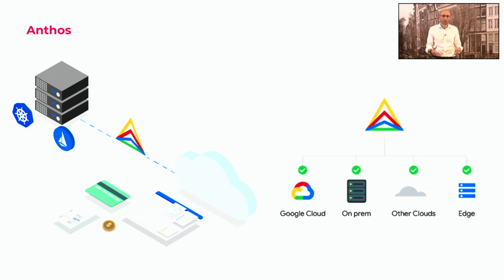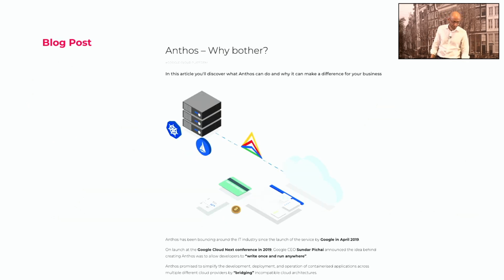It's not the focus of this talk, but I can refer many good reading materials about it. We have a blog post about it. If you just look for that topic, Anthos, why bother? You can find a lot of reading materials about it, and Google has fantastic documentation online. Basically, that's the level for some of the enterprise customers or some customers who want to have a hybrid setup of Kubernetes.